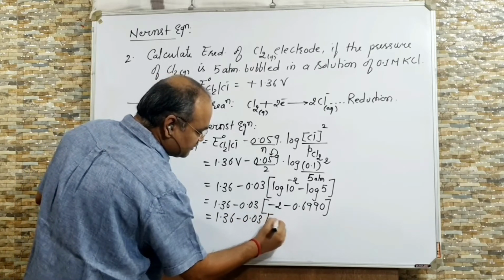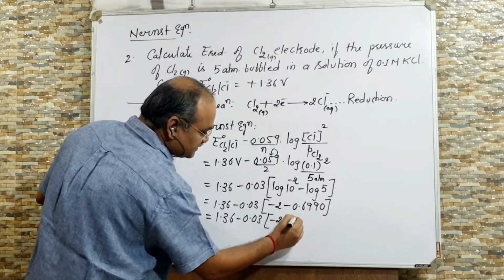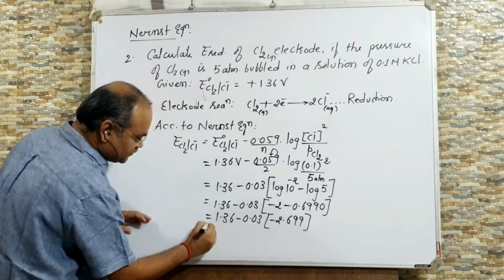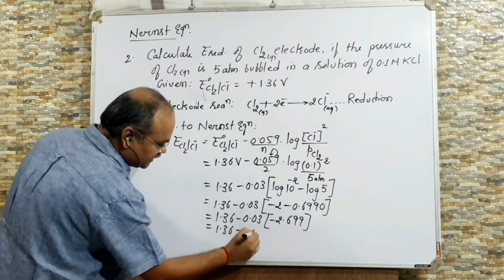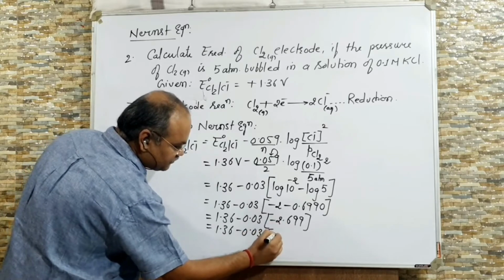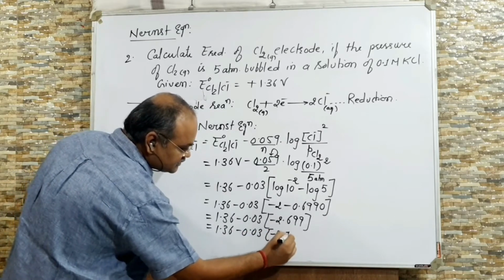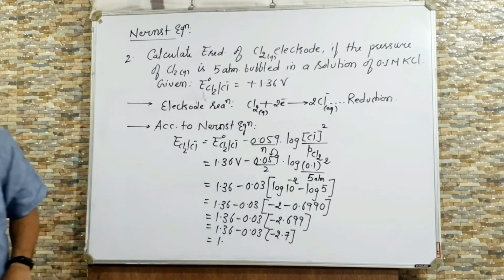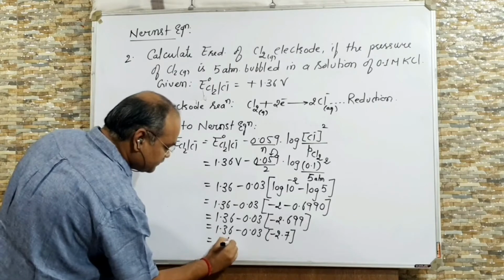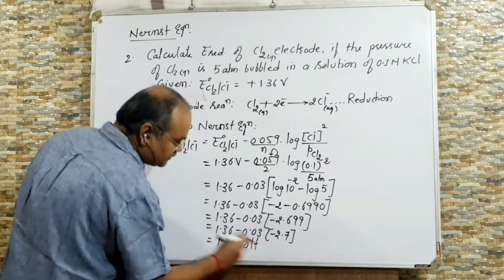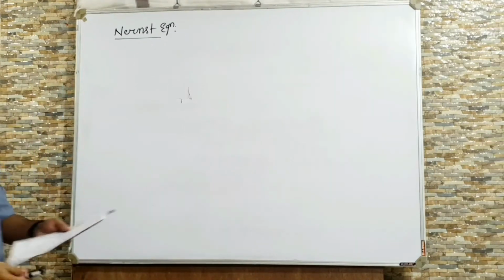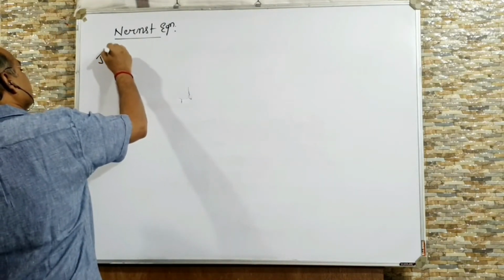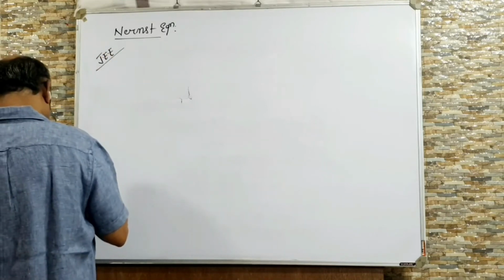If you add these two, it will be minus 2.699, right? And that will be 2.7. So this will be 1.36 minus 0.03 into bracket minus 2.7. So this answer will be 1.43 volt if you calculate it. One more example, we'll take it based on JEE, right?